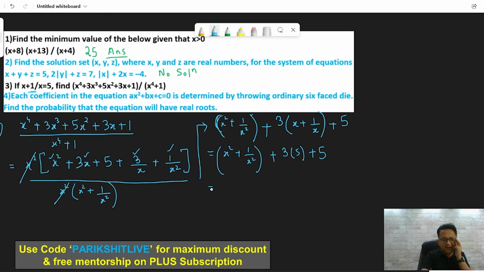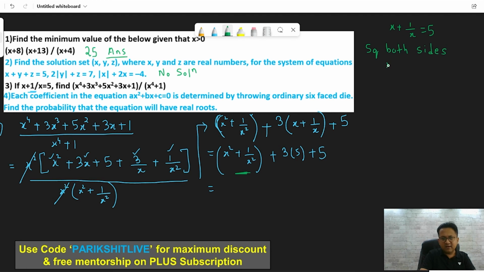Next, the only thing I need now is x square plus 1 by x square, and I think it should look familiar to you now. Let's write down what is given to us on the top right side: x plus 1 by x is 5. What I need is x square plus 1 by x square. The best way of getting it is to square both sides.